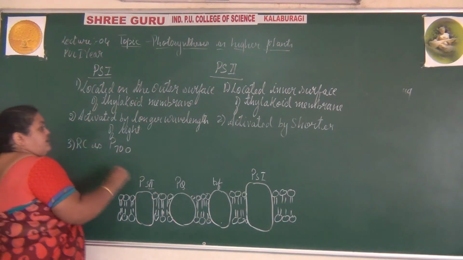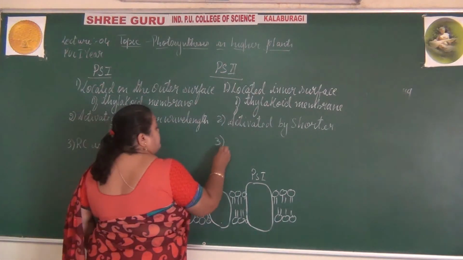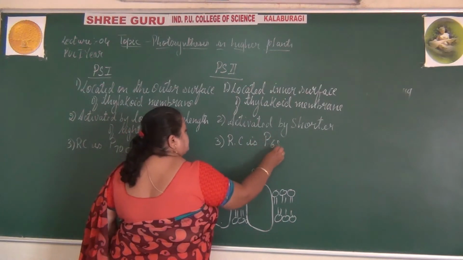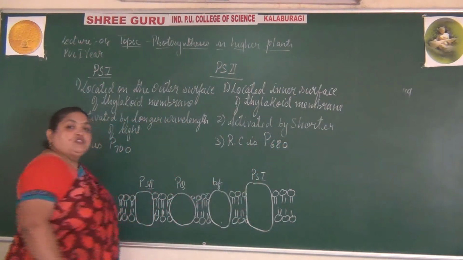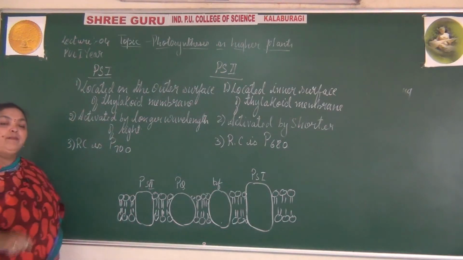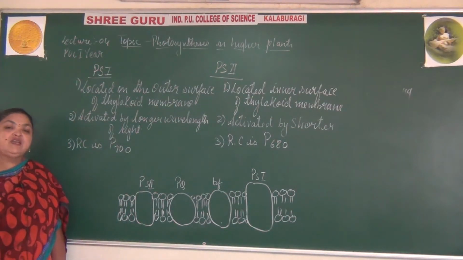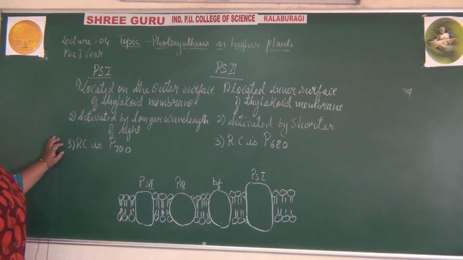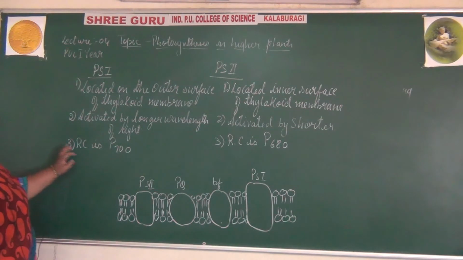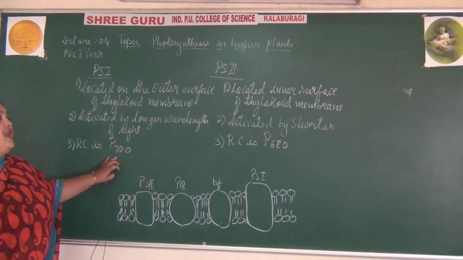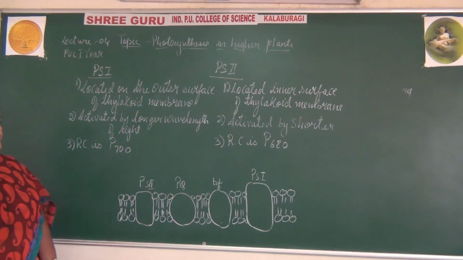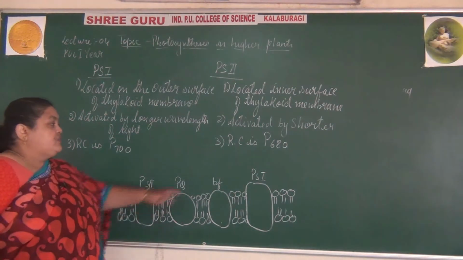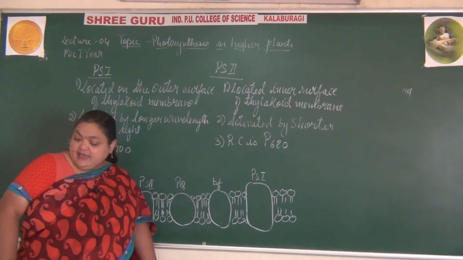P700. In photosystem 2, the reaction center is P680, which means that the pigment molecules present in photosystem 1 absorb light of 700 nm, and the pigment molecules present in photosystem 2 absorb light of 680 nm.